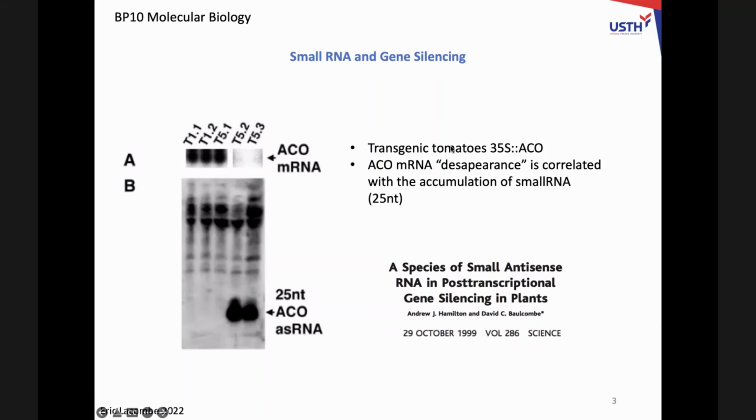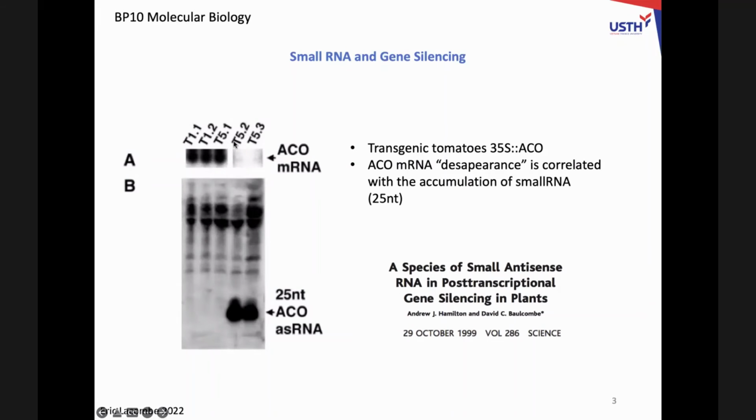I explain it to you, but it's not important to understand. What they wanted to do is to overexpress this gene in tomato, and they generated different transgenic lines. They are called T1.1, 1.2, and so on. All those lines are independent transformants. So they are all transgenic plants that have received the transgene, but the transgene is located at different places in the genome because it's a random event.